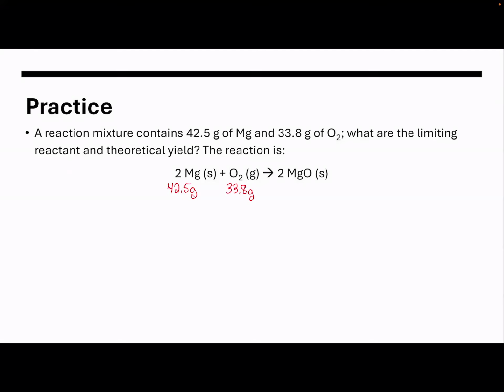Right off the bat, I notice I have mass of 2 reactants. That is your sign that you're dealing with a limiting reactant problem. If you have mass of 2 reactants, you're dealing with a limiting reactant problem.